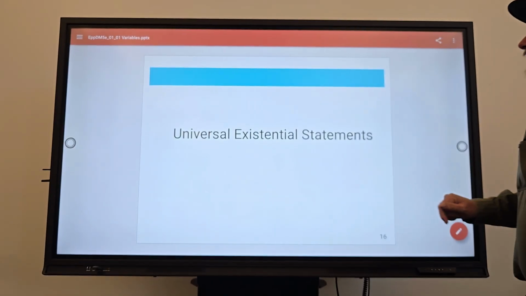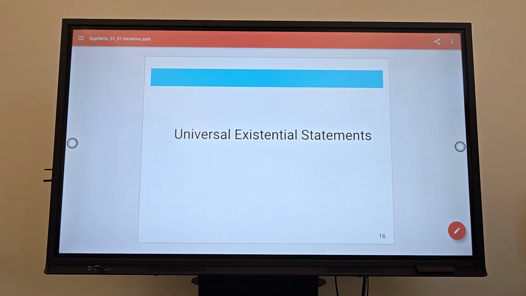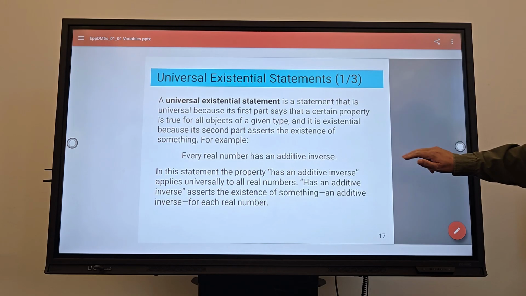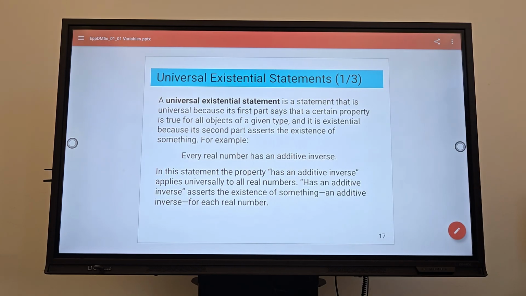Let's see here, universal existential statements. A universal existential statement is universal because its first part says that a certain property is true for all objects of a given type, and it is existential because its second part asserts the existence of something. For example, every real number has an additive inverse.